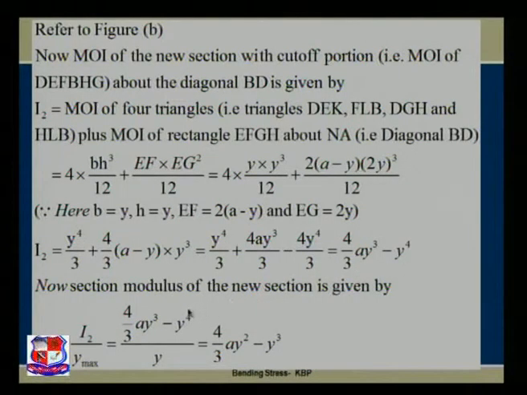So now the section modulus of the new section is given by z2 is equal to I2 by y max. Y maximum right now is over here with y. So we have I2 as 4 by 3 ay cube minus y raised to 4 divided by y, and we achieve 4 by 3 ay square minus y cube. That is the section modulus of the other section.